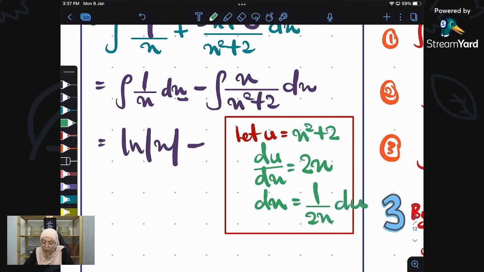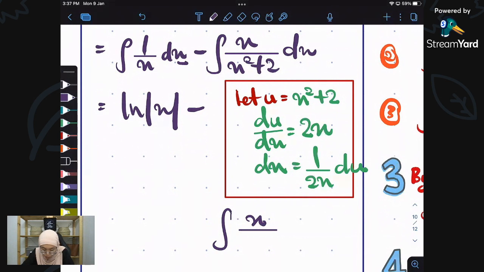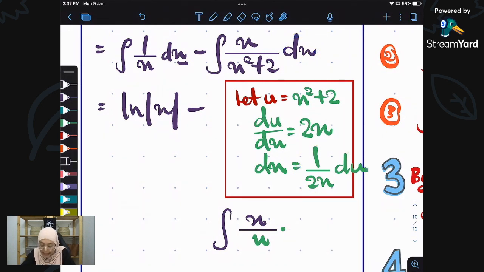It is just because apabila kita jadikan dx sebagai subjek, kita akan dapat 1/2x du. Okay, and then when we sub this into the question, let's see, x over u times with what? Times with our dx. Dx kita adalah 1/2x du. Okay, adakah x tersebut menghilang?